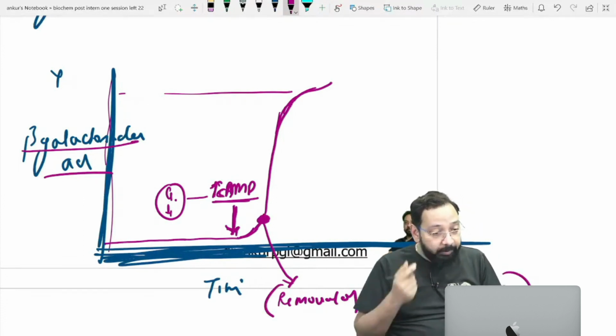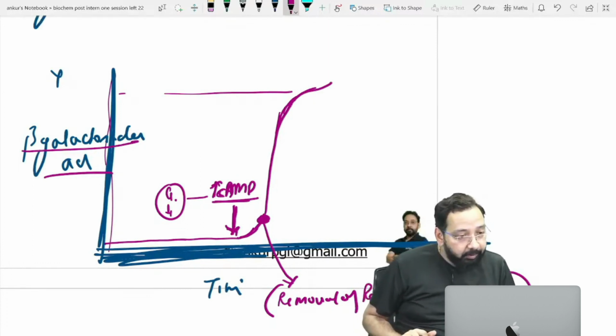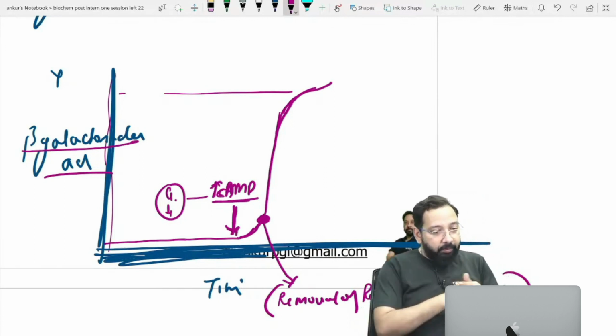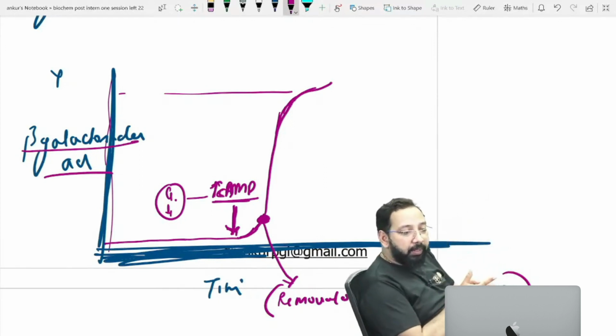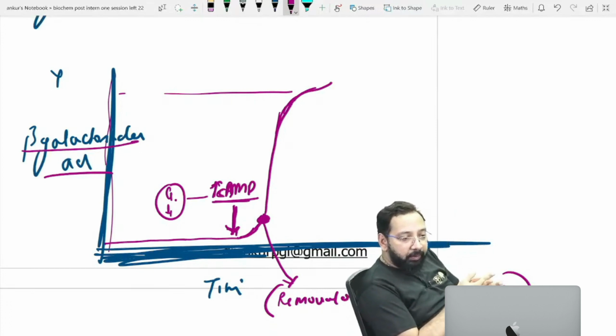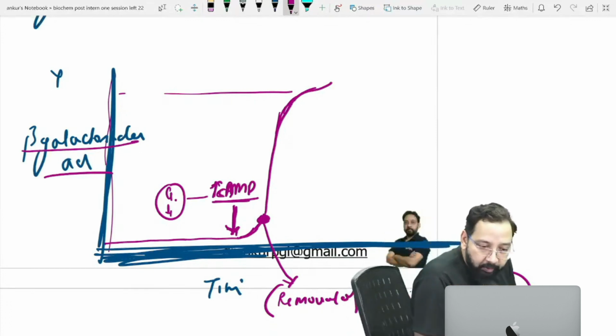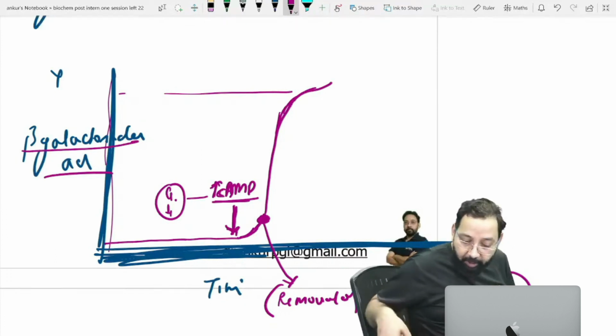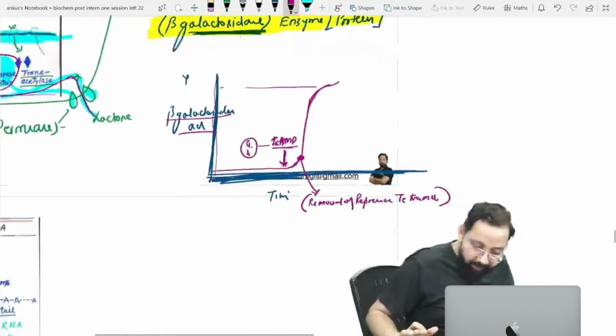Very good. Lactose enters into the cell and separates repressor tetramer, so that activity increases. Very good. It means you are understanding the basic concept.